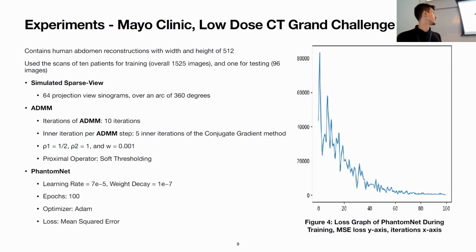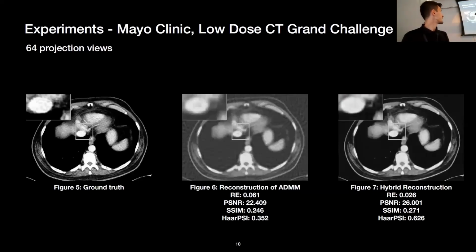So regarding these outputs, on the left side, we see a ground truth of a human abdomen scan. In the middle, we see an ADMM reconstruction, which in our scenario is also the output of the first step of the hybrid method. And on the right side, we see the actual hybrid reconstruction, which is the entire thing.